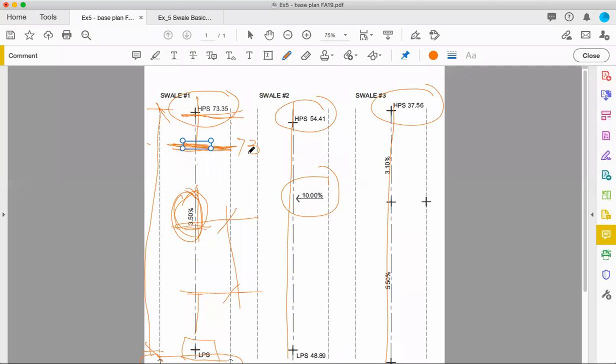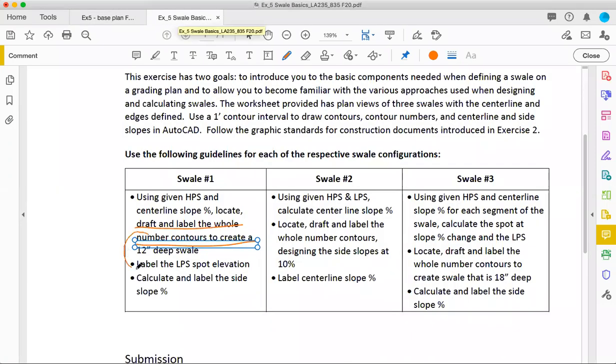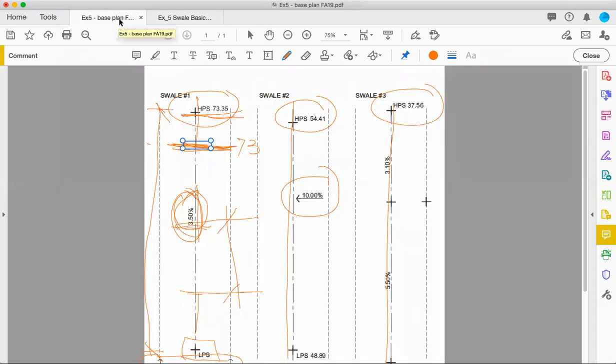Following that, the next step is to use your swell depth here of 12 inches, 1 foot, to find out, supposing this is where 73 is, that your 74 on the edge would be right there at that location. And lastly, you'll connect the dots.